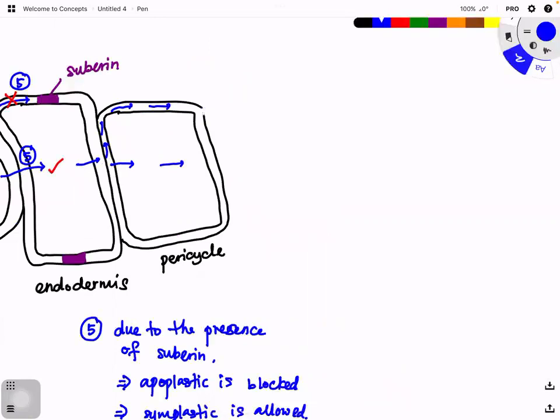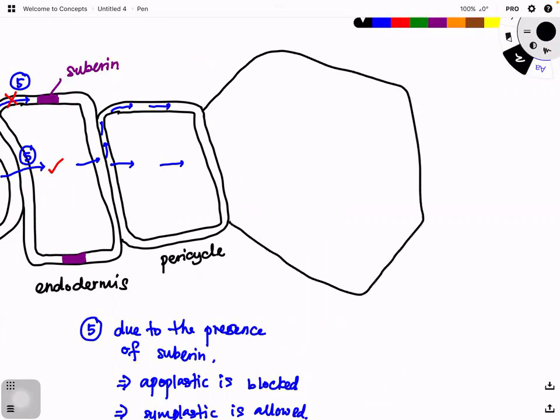So next, finally, you can see the water molecule enters into the xylem vessel elements, with thin primary wall and also lignification.